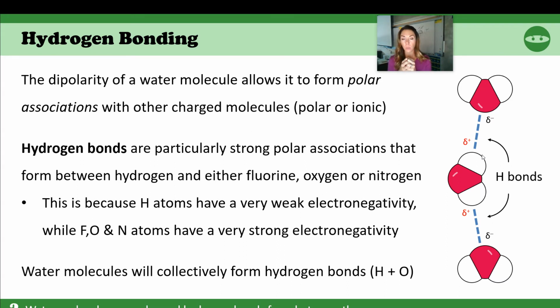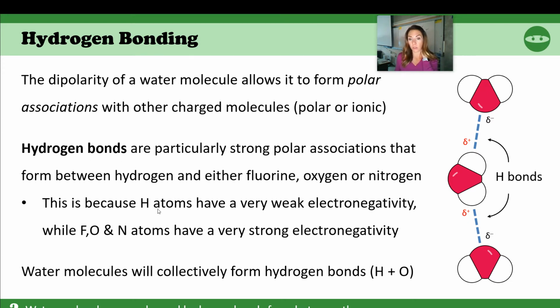So the dipolarity of water allows it to form these little polar associations with all the other molecules around it. They're not actually bonds, but they're associations. Really strong, those we call hydrogen bonds, because I get them forming here, right, and here and here. And so those associations that form between hydrogen and fluorine, oxygen, and nitrogen, my hydrogen bonds are strong bonds, right?